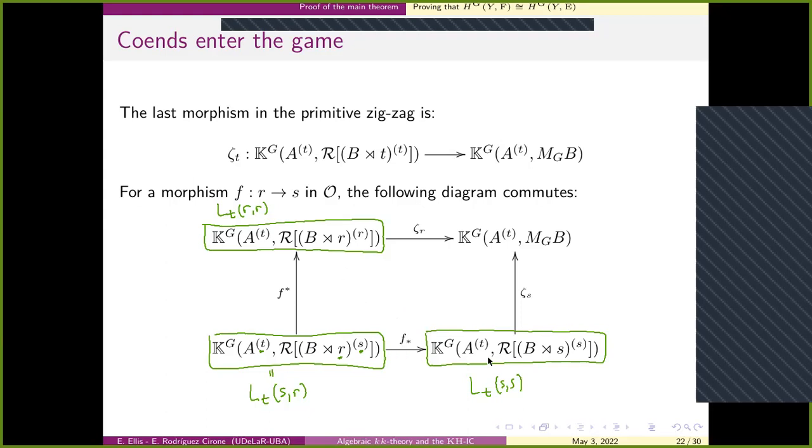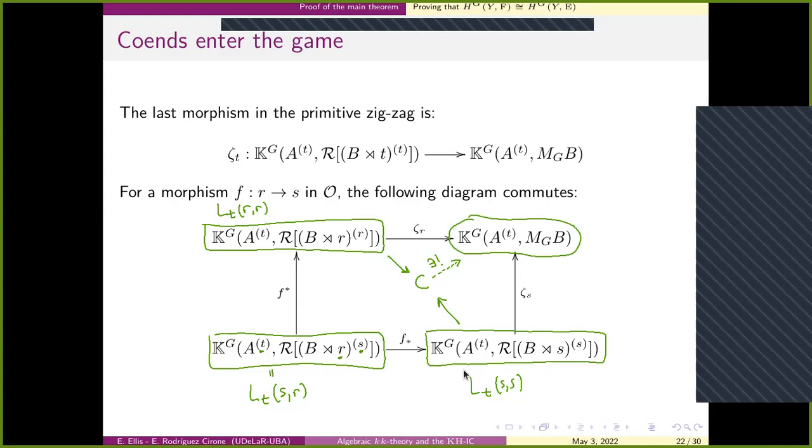And the commutativity of this square makes us think of a coend, because the coend is the object that we can put here, that receives morphisms like this, zeta_R, and which is universal with that property. So the coend sits here, receiving morphisms from these ones, and for each commutative square, there will be a unique morphism from the coend, making the whole diagram commute.